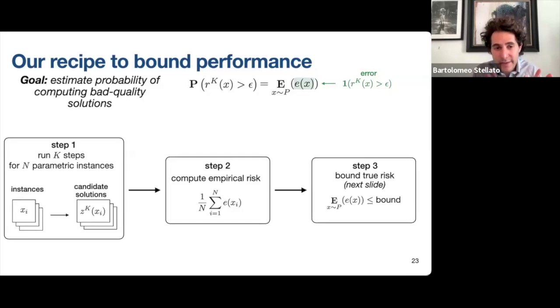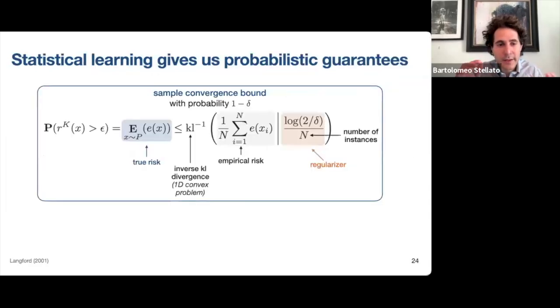This is a very simple approach, but the nice thing is that it can give you very tight results in optimization. So for example, this is one of the bounds you can construct. This is from Langford, from almost 25 years ago, and it tells you that with probability 1 minus delta, the true probability of failure, which is the blue risk here, is bounded by what's on the right.